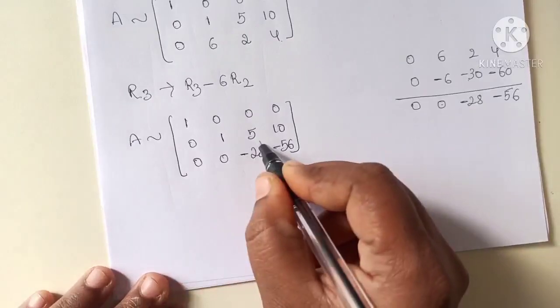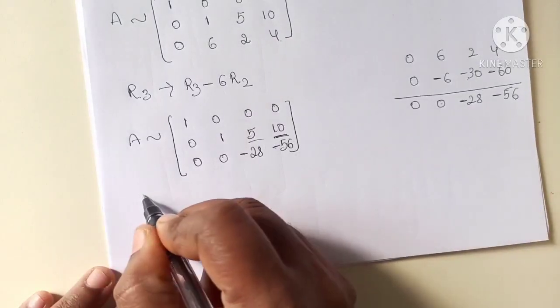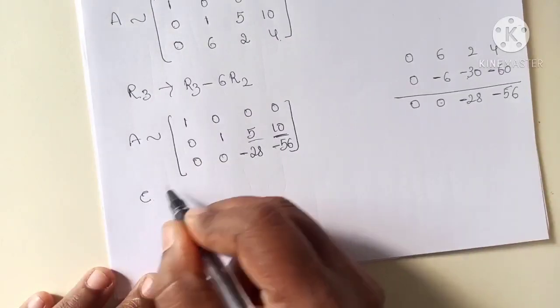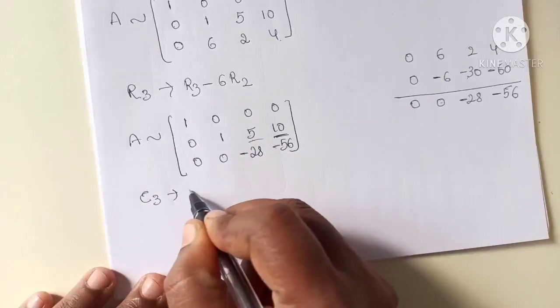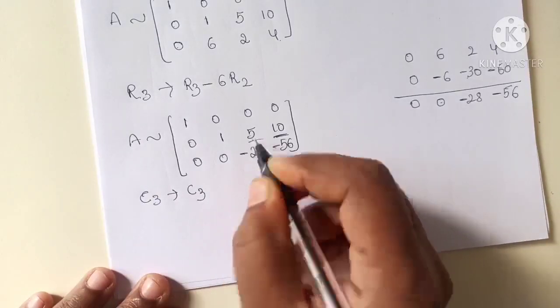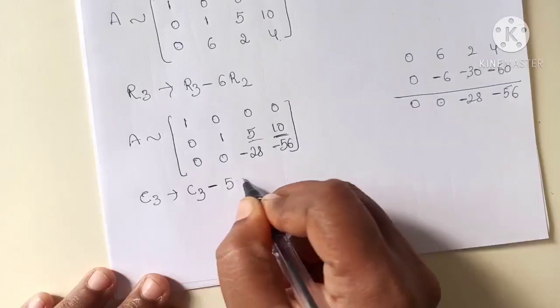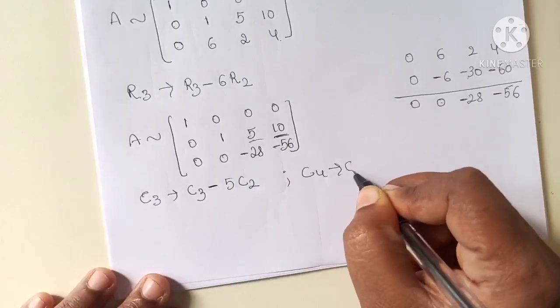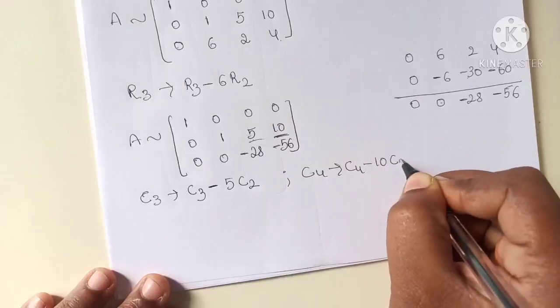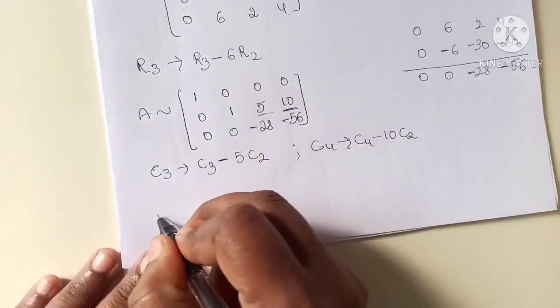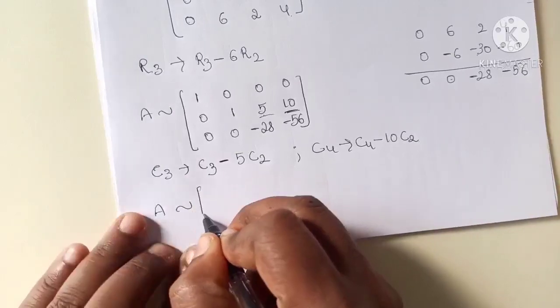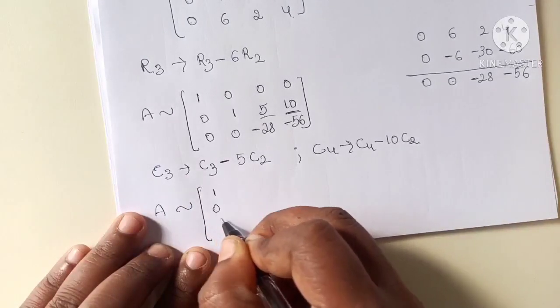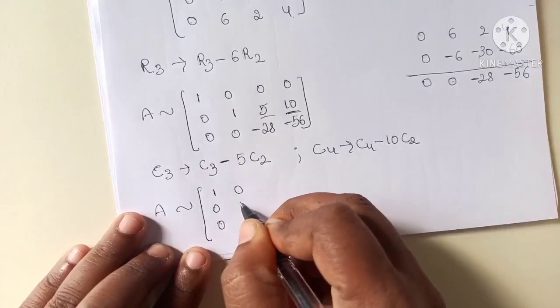Next, in order to make this 0, we apply column operation. C3 is equivalent to C3 minus 5 into C2, and C4 equals C4 minus 10 into C2. The first row 1, 0, 0 as it is, and 0, 1, 0 as it is.